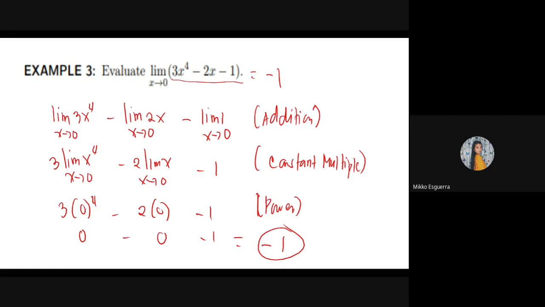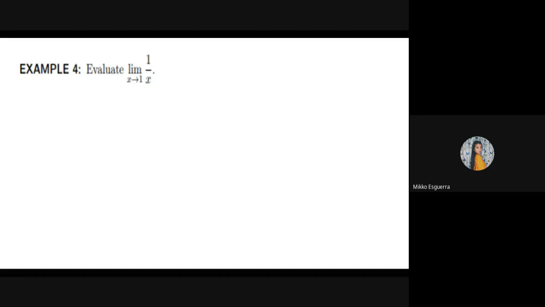So we will now apply the limit theorems in evaluating a rational function, such as this one. Usually in evaluating rational functions, we use the division rule. When we use the division rule, first we note that the given is the limit of 1 over x as x approaches 1. Note that the limit of x as x approaches 1 is equal to 1. Since the limit of the denominator is non-zero, we can apply the division rule.